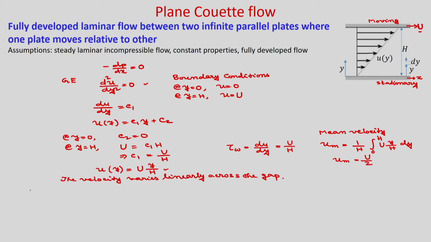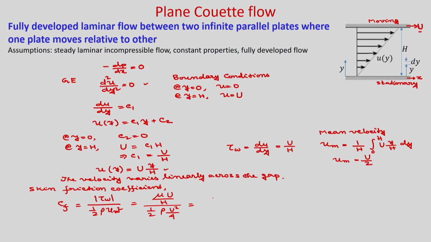If you calculate the skin friction coefficient, you will find for this particular case Cf is equal to tau w by half rho um square. So, tau w is just mu U by h, divided by half into rho, and um square is U square by 4.